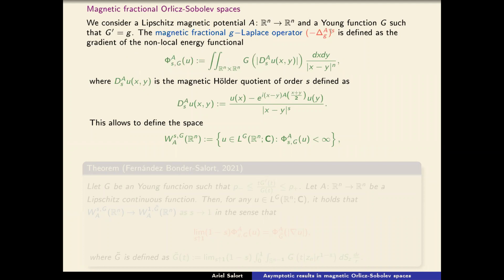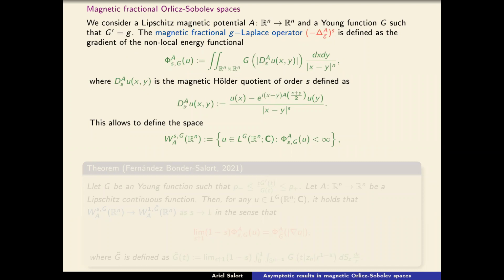This kind of operator could be suitable to describe the movement of some relativistic particle which is under the influence of some magnetic field, given in terms of this matrix A, and with a non-standard growth behavior of the gradient of this particle.